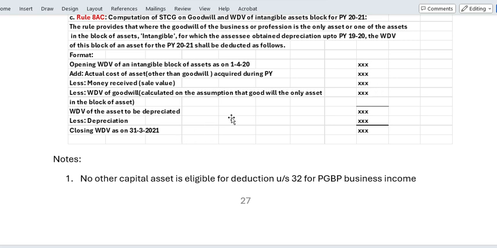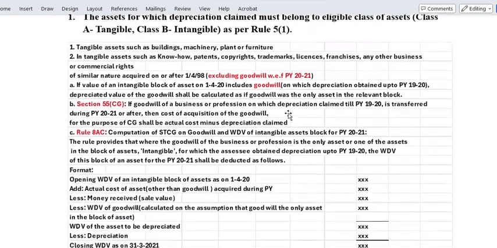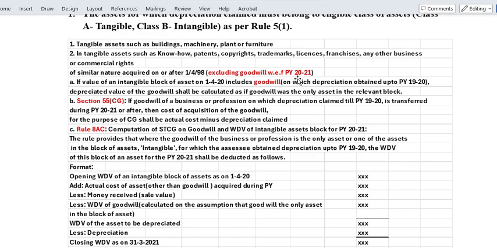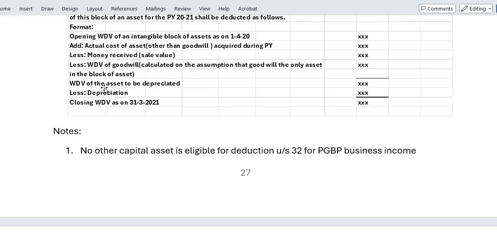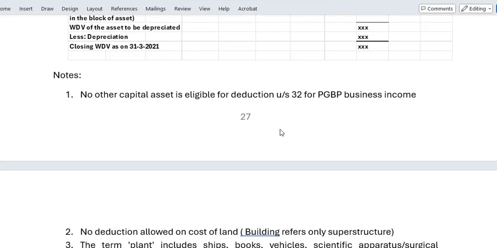And if some goodwill is also there, because I told you from 2021 onwards goodwill is not there, if goodwill is included in the block, that can be removed. Then you can find out the double DV, then depreciation can be calculated as per the percentage. Then you can find out the closing double DV for the particular year. Like that you can do.